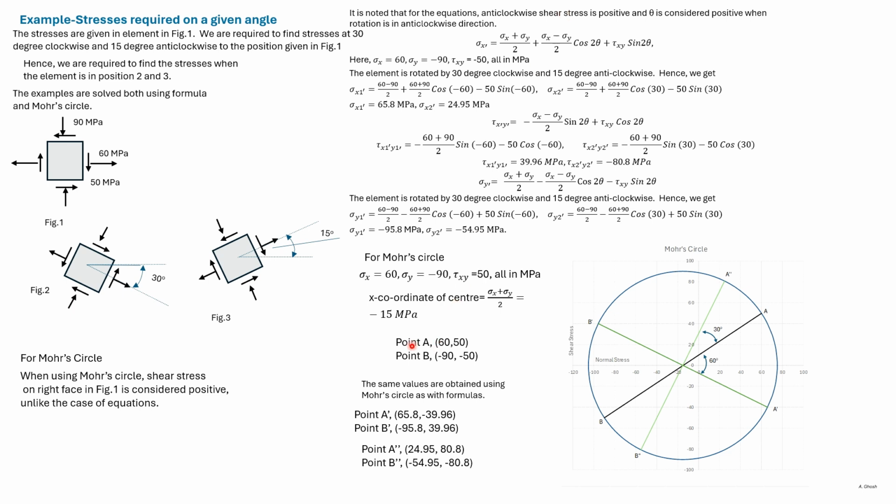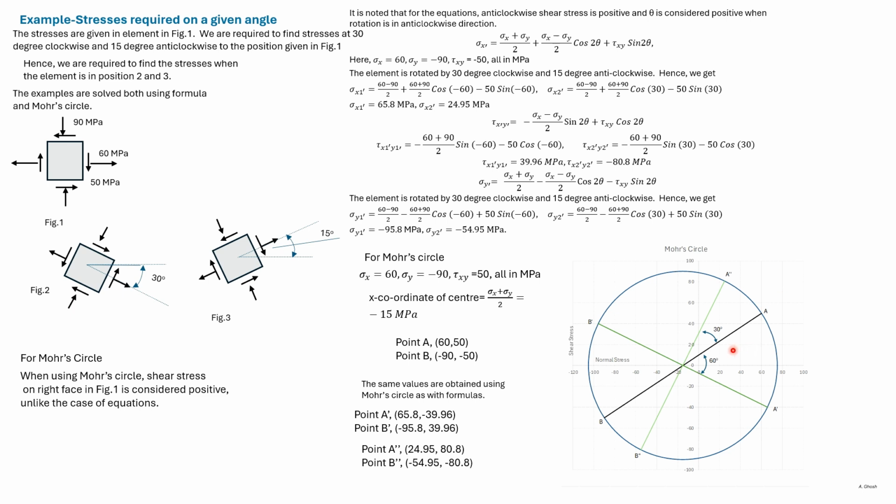Point B is minus 90, minus 50. So we have plotted minus 90, minus 50. We then rotate AB 60 degrees clockwise and 30 degrees anti-clockwise to get A dash B dash and A double dash B double dash.